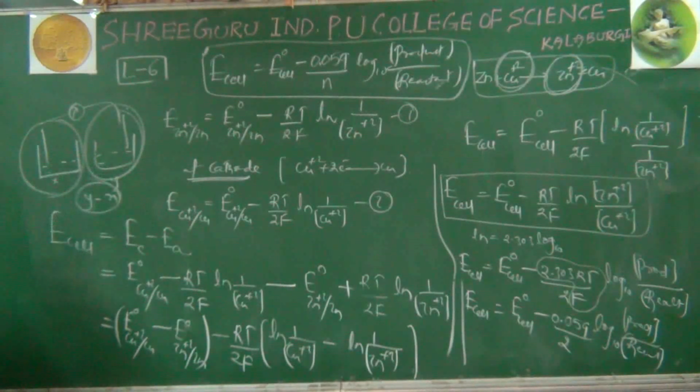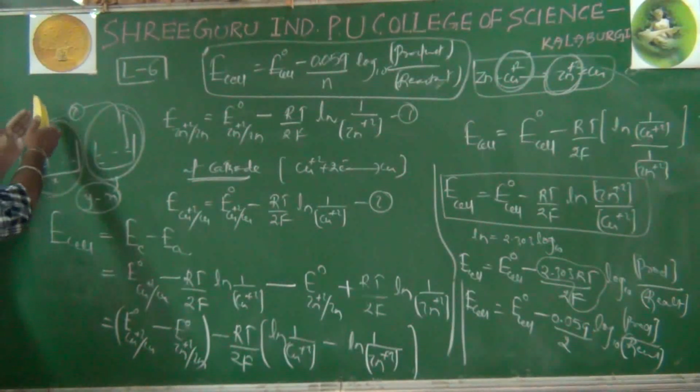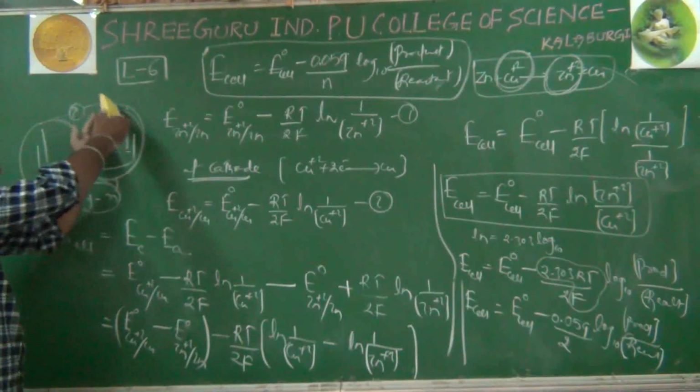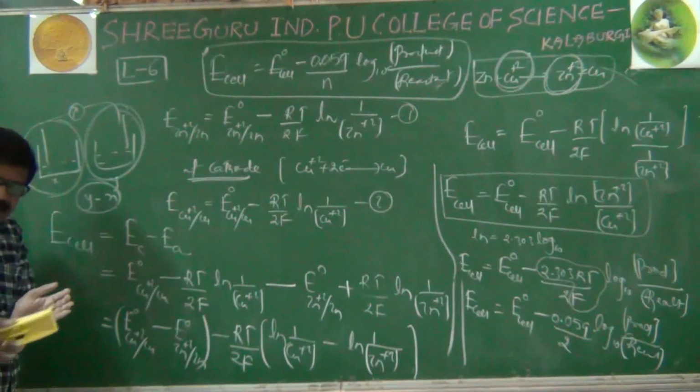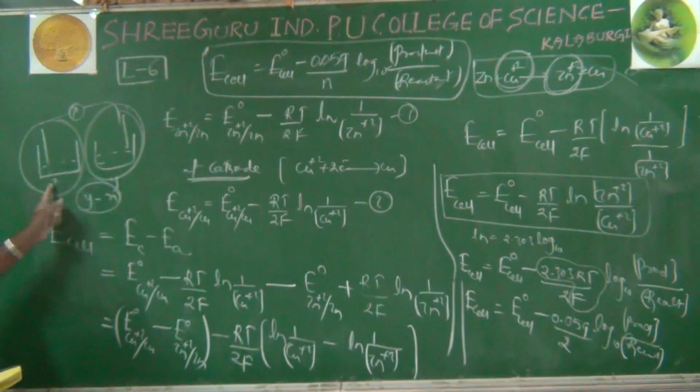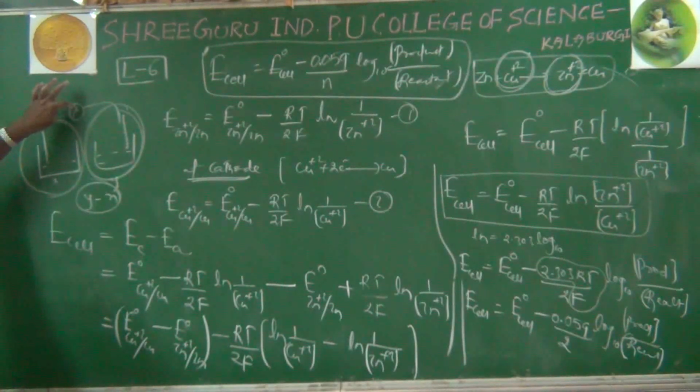Like that also we can solve, but it takes more time. Why? Because for the left side electrode you have to apply the Nernst equation and calculate, and at the same time for the right side electrode also you have to apply the Nernst equation and calculate. Then right value minus left value gives the final cell potential. It takes more time.